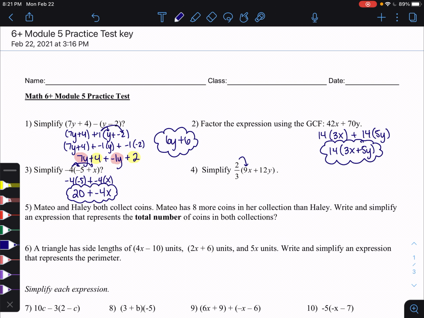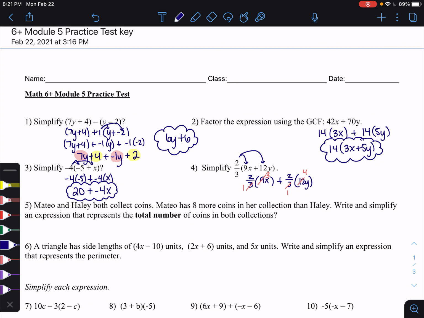So I've got 2/3 times 9x plus 2/3 times 12y. For this one, I can use some cross canceling. So the 9 and the 3 are going to cancel, and the 12 and the 3 are going to cancel. So 2 times 3 is 6x, and 2 times 4 is 8y.